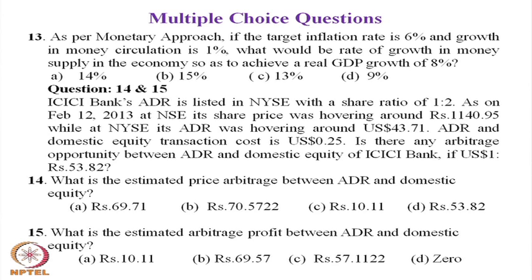Answer to question number 15: A. rupees 10.11, B. rupees 69.57, C. rupees 57.1122, D. 0. Mark the answer, keep it with you.